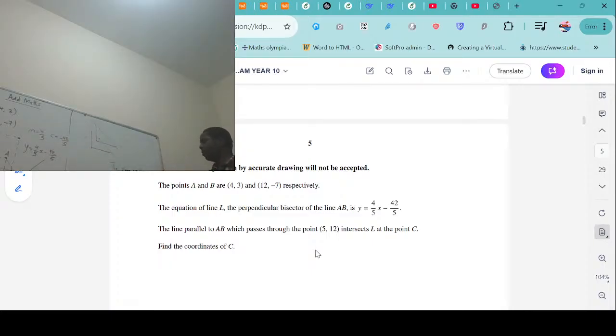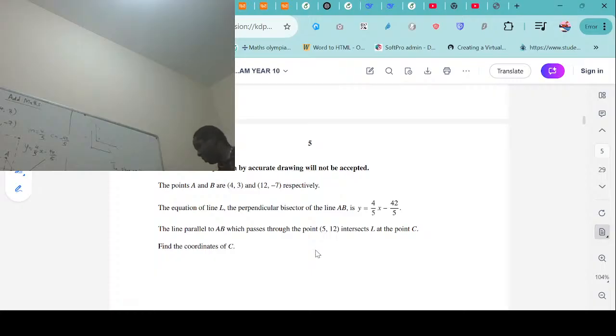So let's say the slope of this line is m1, for example, and the slope of the other line that is perpendicular to it is m2. So m1 times m2 has to be what? -1. Since I don't know m1, I know what m2 is. m2 is 4 over 5, so m1 times 4 over 5 equals -1.